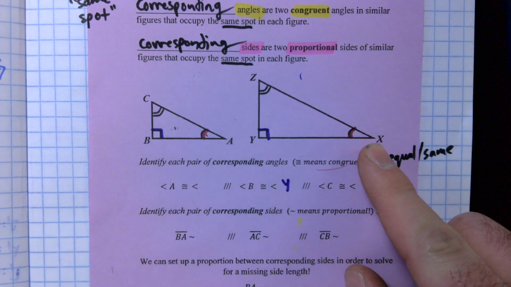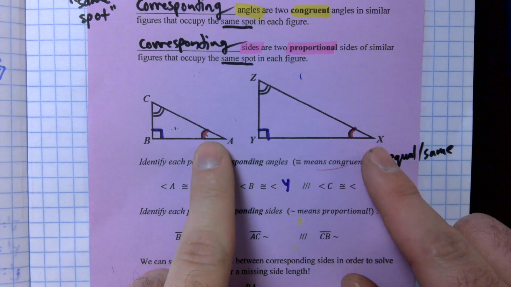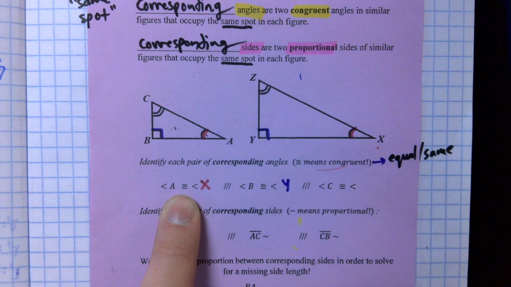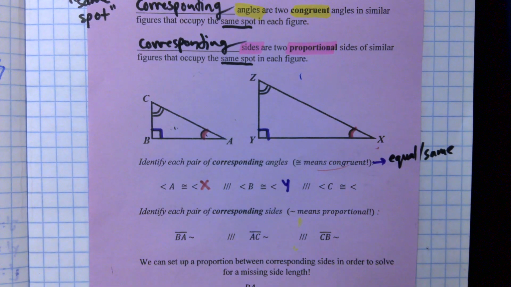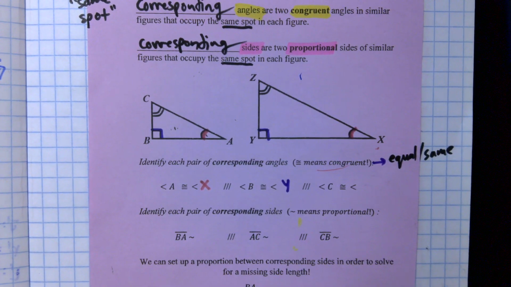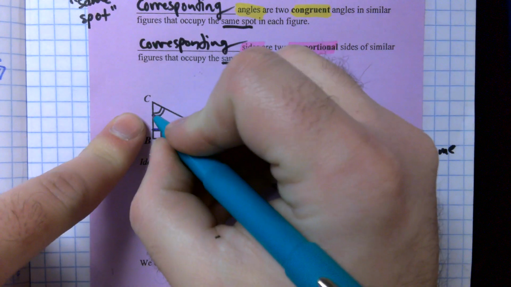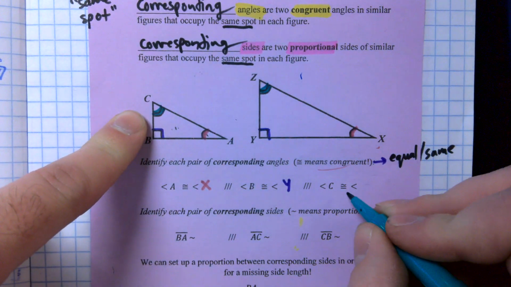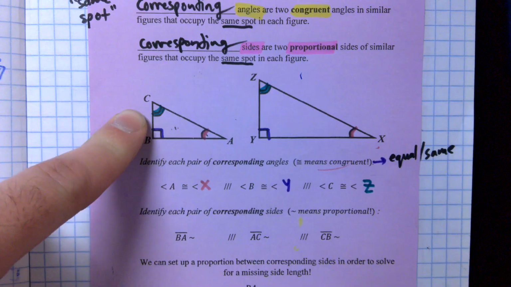That bottom right kind of thin point of the triangle, angle A is going to be congruent to angle X. You guys see what I mean by that? When I say they're in the same spot? Who's in the same spot as angle C? Z. So I know that angle C is congruent to angle Z.